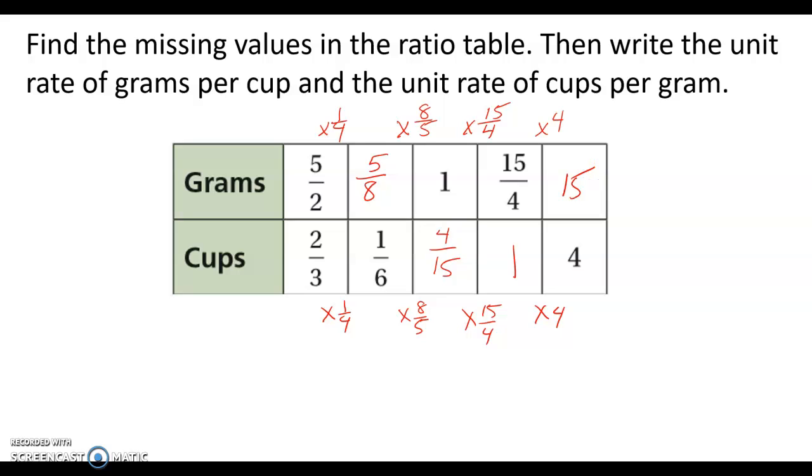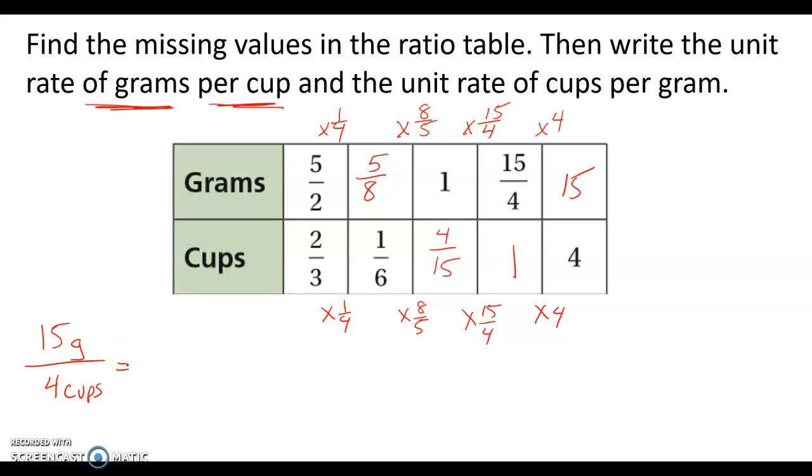Now, we want to get the unit rate of grams per cup. So grams, you can pick any one you have here. I'm going to go ahead and take the 15 and the 4. So 15 grams per 4 cups.